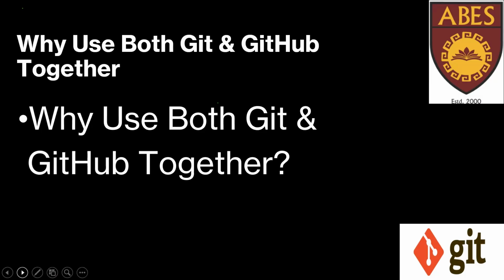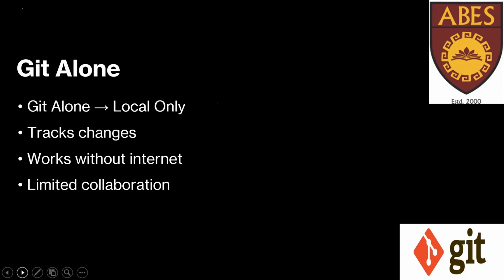Now, the question arises, why use both Git and GitHub together? When you use Git alone, it means local only. Local only means you can track changes in your files, in your folders, in your repository in local mode, in your system only. But you can't collaborate easily in online mode.